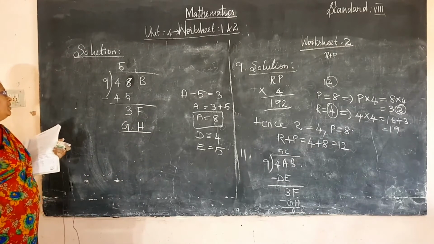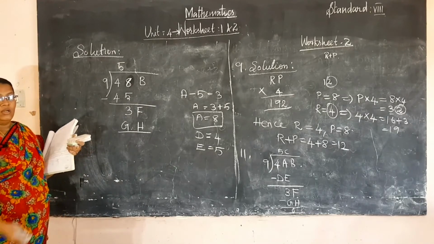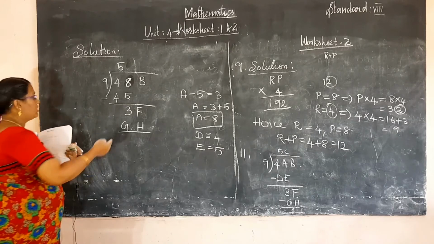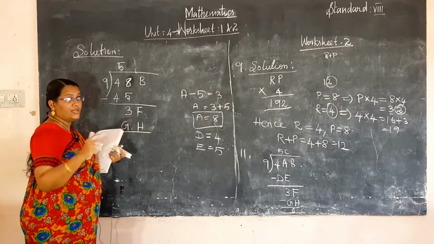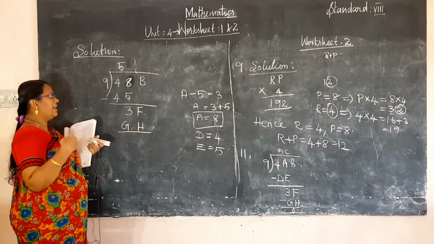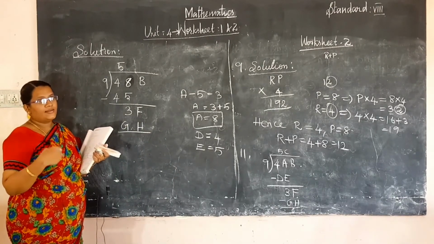So what is the possibility for 9? 9 3s are 27, but the tens place is 3 here, and 27 has only 2. So not possible. The next one: 9 4s are 36.